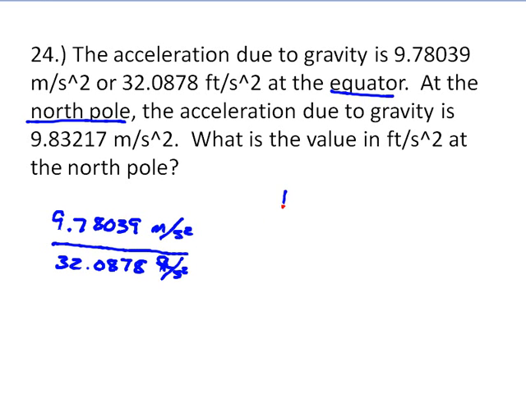Now, at the North Pole, what do we have? 9.83217. These are long numbers to work with, aren't they? Meters per second squared. And we want to find out x, feet per second squared.